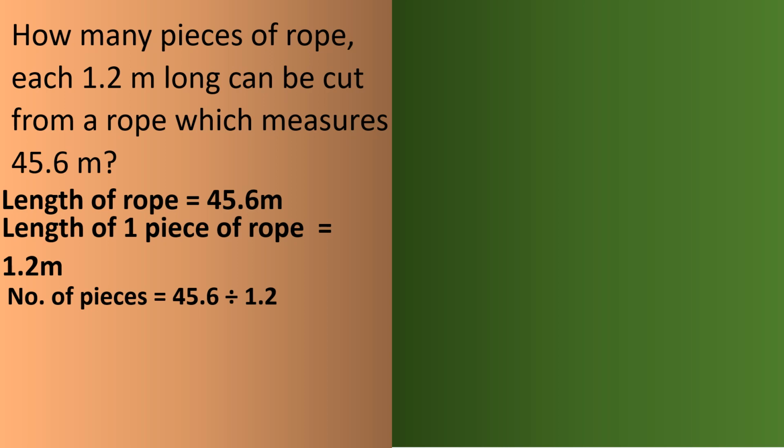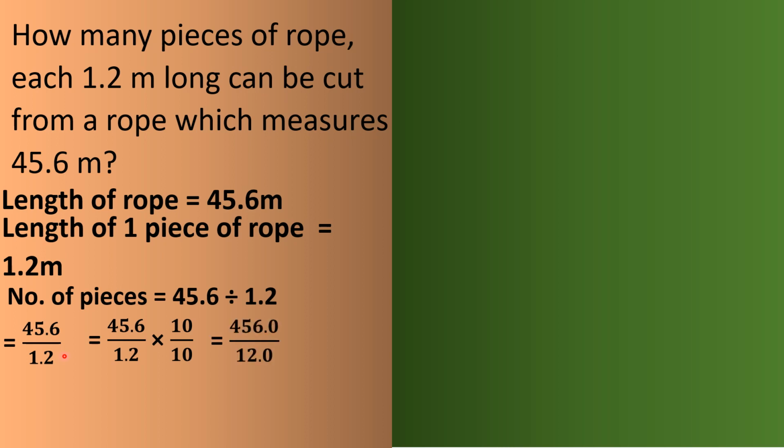So how will we divide? At first we will write it as a fraction, 45.6 by 1.2, and you know that there is one decimal place in the denominator in 1.2. So we will multiply by 10. Like this, 45.6 by 1.2 multiplied by 10 by 10. Now after multiplication, what will we get?